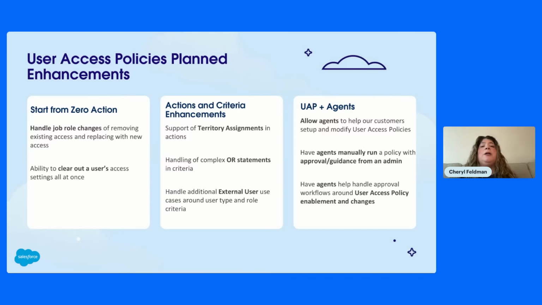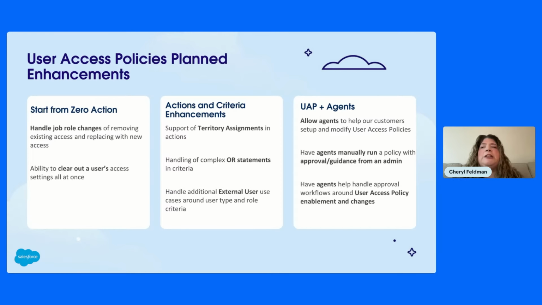And then the next is around enhancements to actions and criteria. You've been asking us for territory assignments, as well as handling OR statements. We also know the experience does not work well for our customers using external users. We know that the role selection somewhat does not load if you have a lot of roles, which we know folks who are managing a lot of external users do.